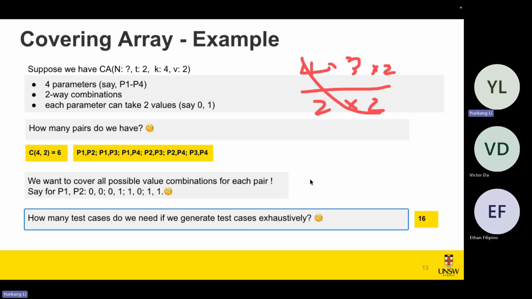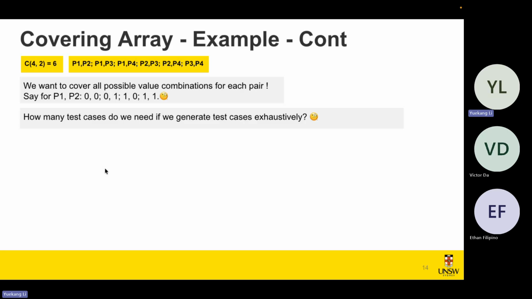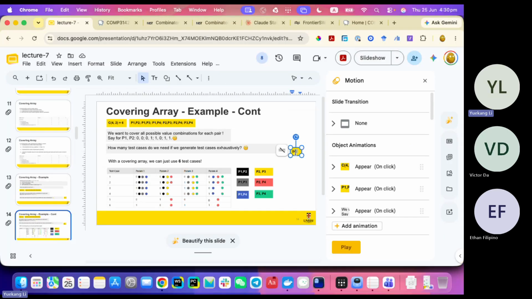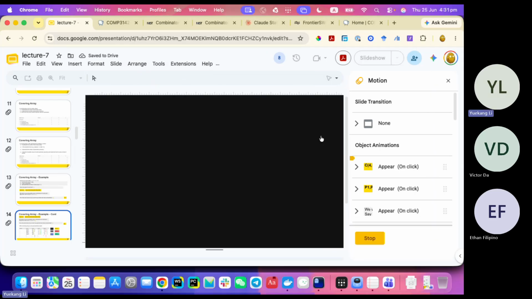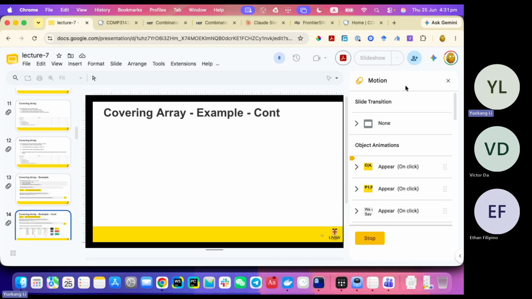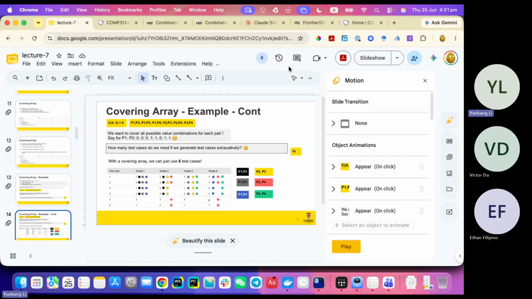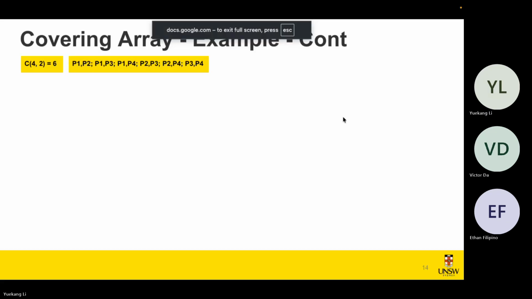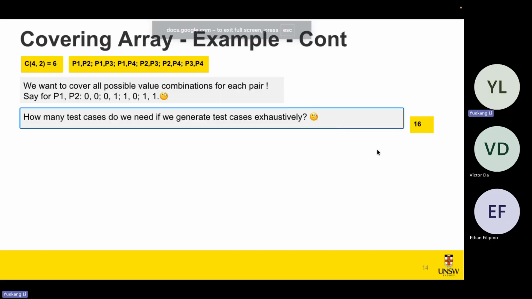But do we need all 16 test cases to cover all the possible combinations for each pair? The answer is no. We just learned that if we exhaustively try all the possibilities, we have 16 test cases.